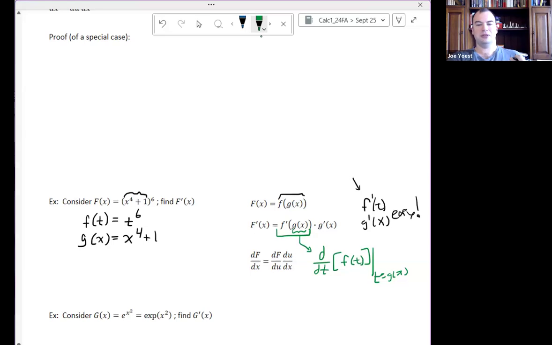So figure out what the function f's derivative is in terms of t, and then plug g of x into the derivative of f. So f prime of t is 6t to the 5th. Basic power rule: I bring the power down in front, take 1 off the power.